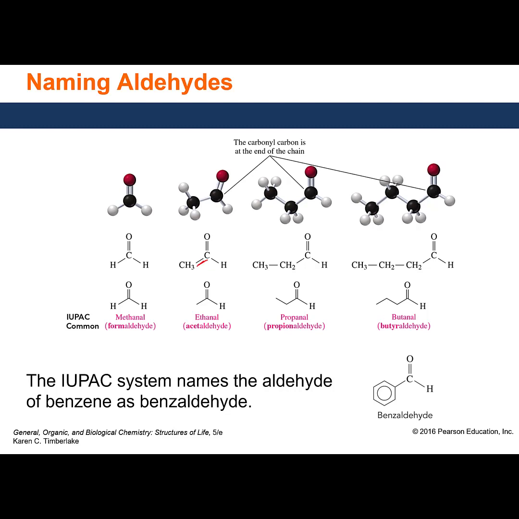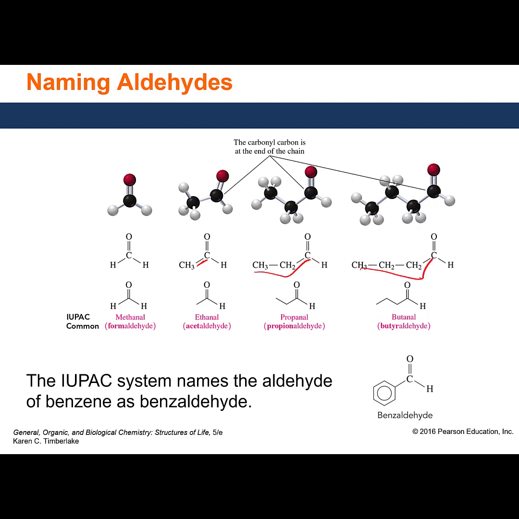Two carbons on our chain, so here's the first and the second. Ethanal. Ethane, drop the E, add -al, ethanal. Propanal has 3 carbons.